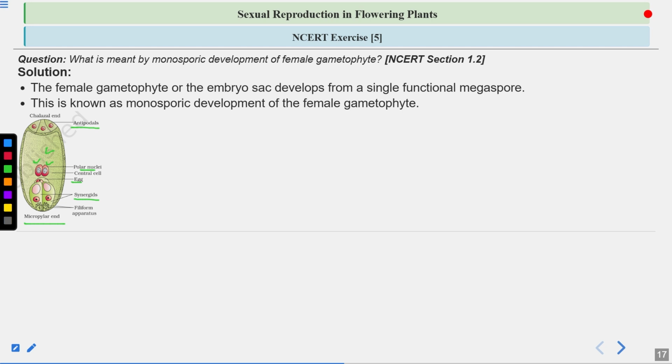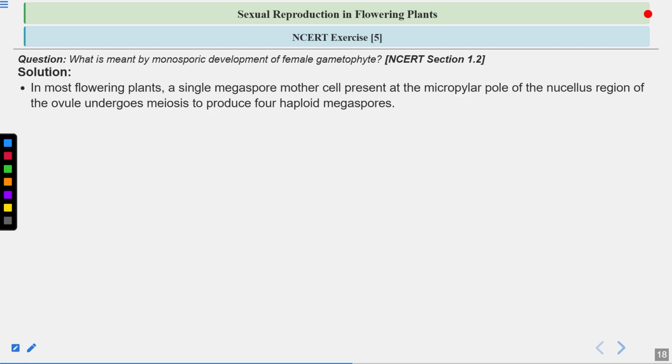All these structures are formed from the one functional megaspore, and that is why it is called monosporic development. In most flowering plants, a single megaspore mother cell present in the micropylar pole of the nucellus region of an ovule undergoes meiosis to produce 4 haploid megaspores.